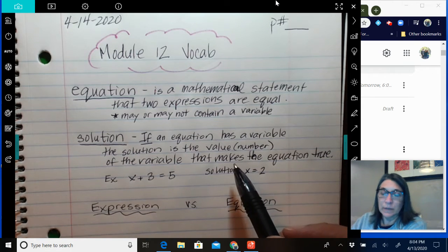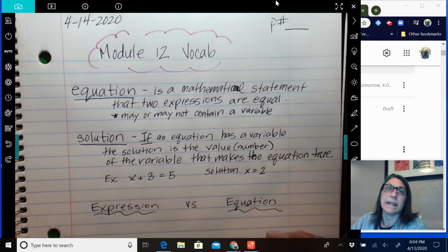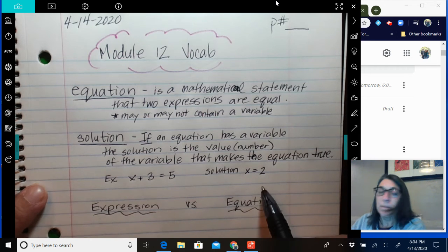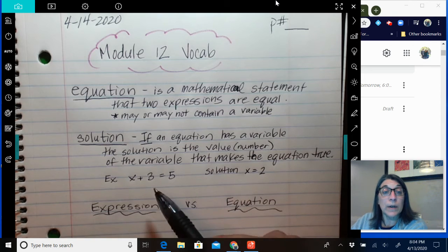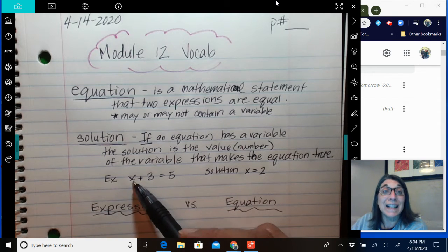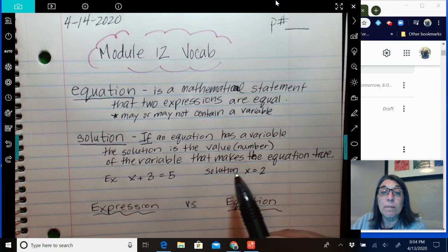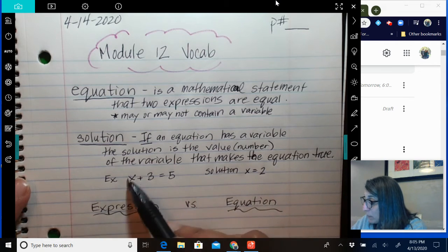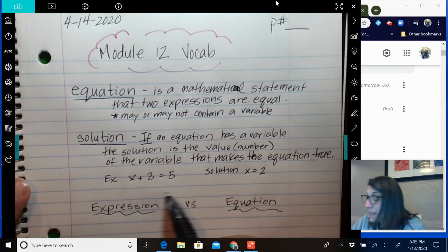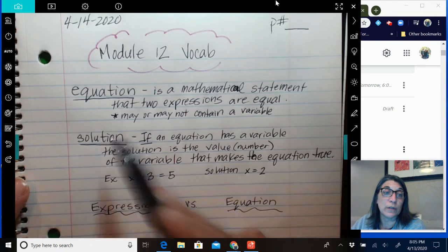Usually, unless we get into inequalities, but we might not get to inequalities. We're running out of days. When you get to inequalities next year, there's multiple solutions. But with an equation like this, there's one solution. X has to be 2 to make the equation true. So whatever the value of this variable is that will make this equation true, that's considered the solution.